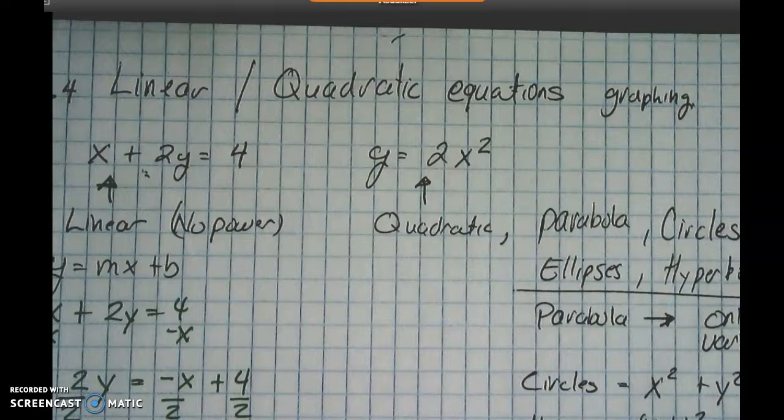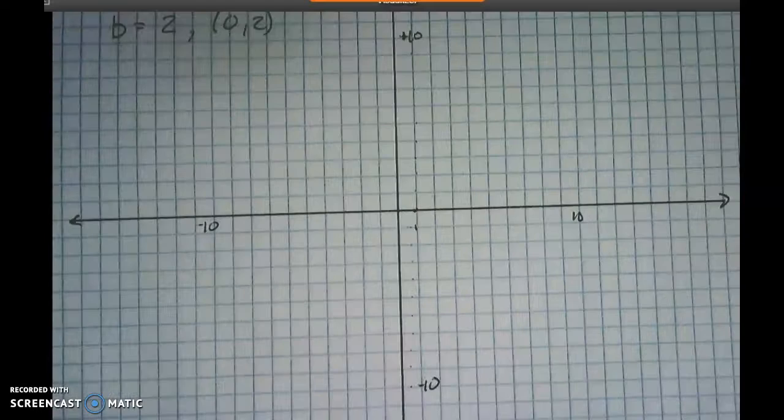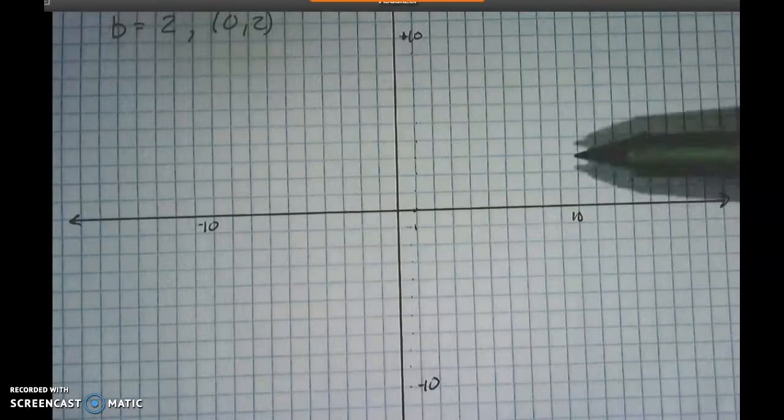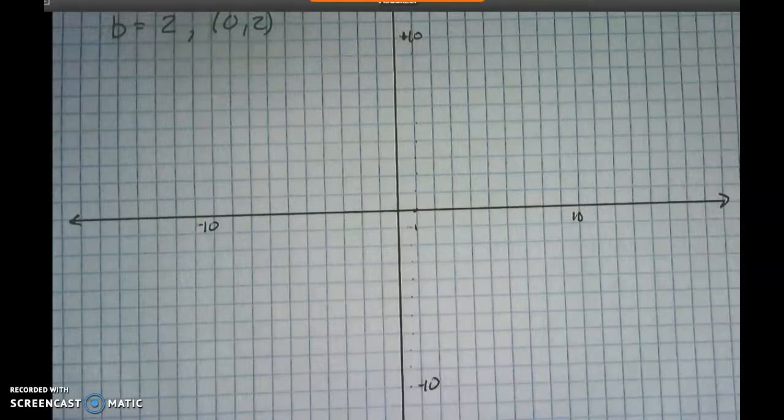Okay, so I'm going to pause it for just a second because I'm going to draw a coordinate plane 10 by 10, meaning it's going to be 10 units on each of the axes. So here is our 10 by 10 coordinate plane. We're going to graph the linear equation first.